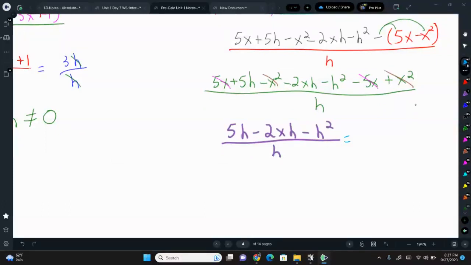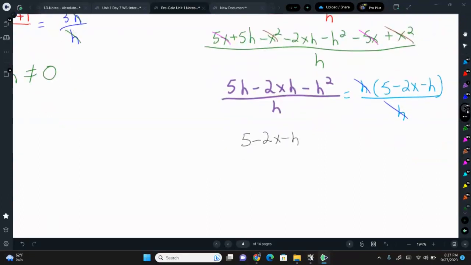So we can factor out an h, and we are left with 5 minus 2x minus h all over h. Well, now the h's will cancel, and our difference quotient will be 5 minus 2x minus h. And we know that h cannot equal 0.